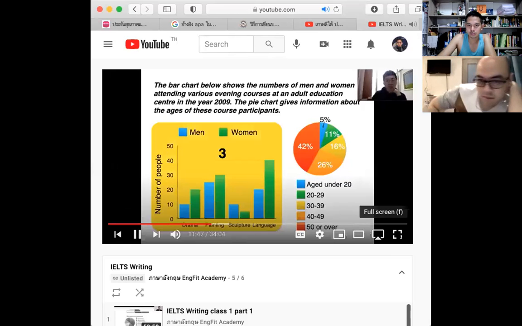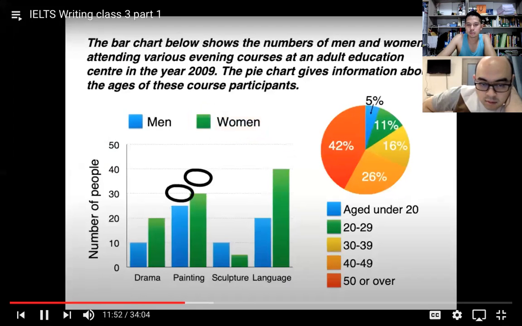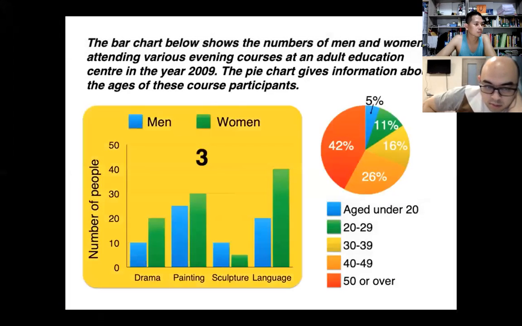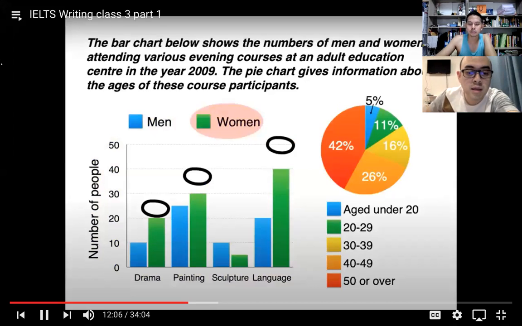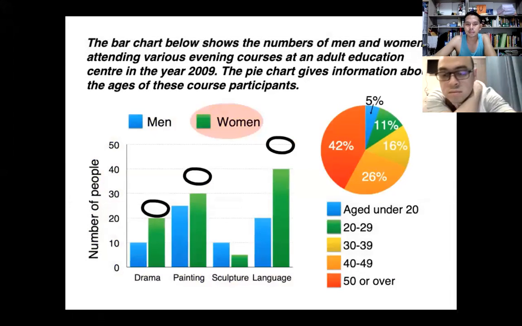Okay. Paragraph 3. What does that mean? Again, paragraph 3. We will talk about this now. Drama, painting, language, women. So overall, women show that there are more people to join these classes, right? More women than men join the classes. In language, painting, and drama, do you see there's one more men join that class than women do?